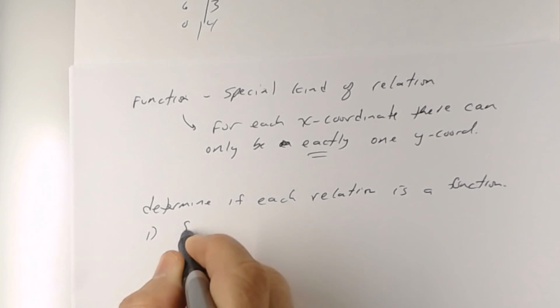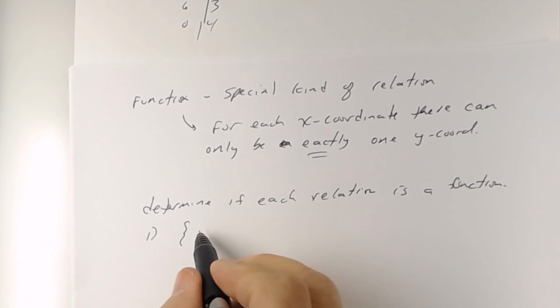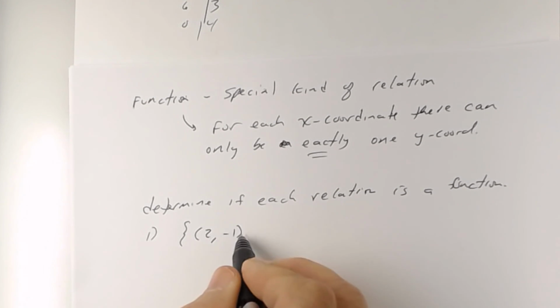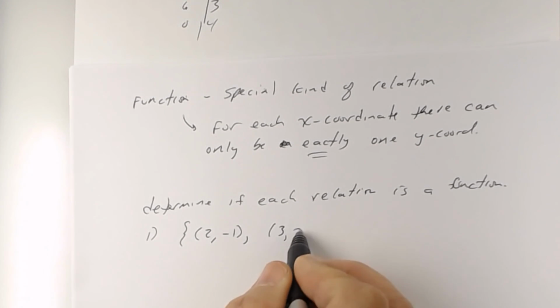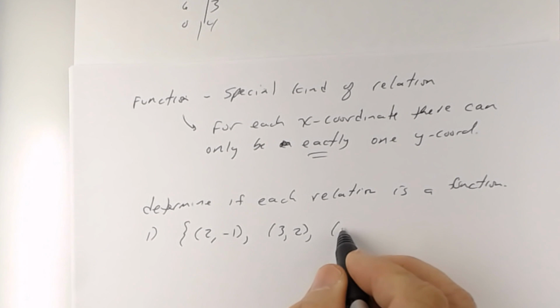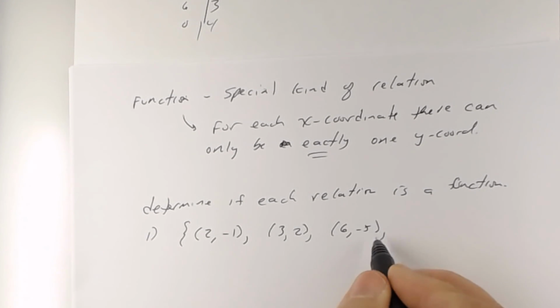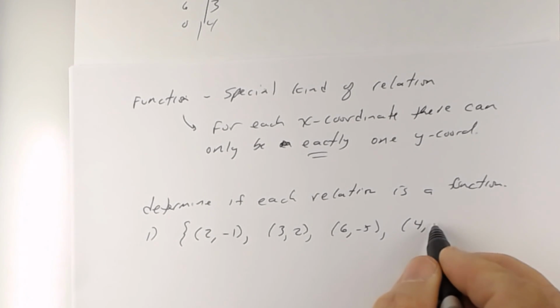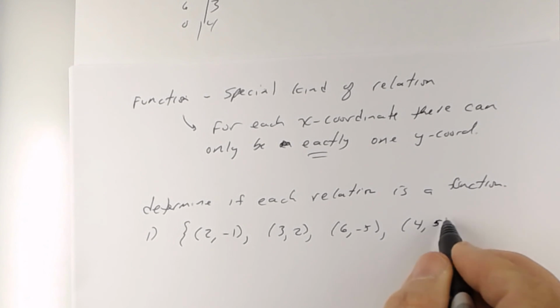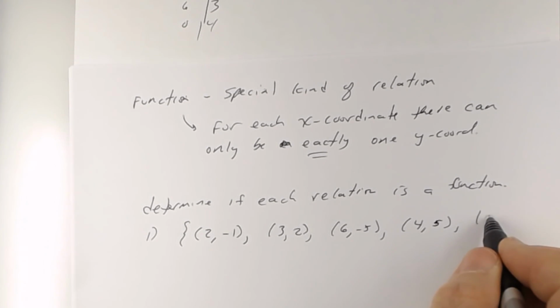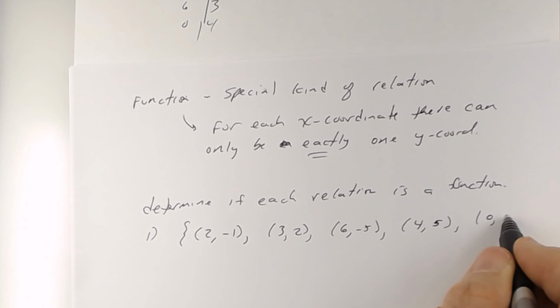So number one, let's suppose I had this finite set and it has these ordered pairs: (2, -1), (3, 2), (6, -5), (4, 5), and let's say (0, 8).